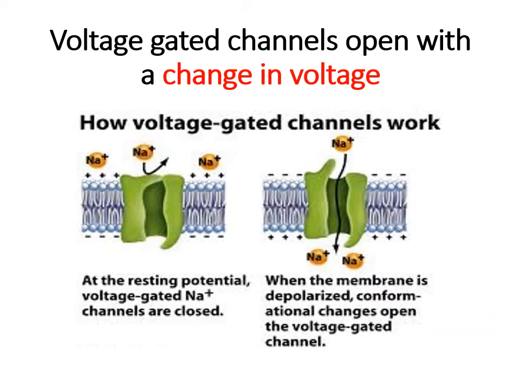So here's an example of a gated channel. You have your protein, which is closed to sodium at the moment, and with some kind of an electrical change, for example, when the plasma membrane or the cell membrane depolarizes, the protein changes shape and allows sodium to pour into the cell.